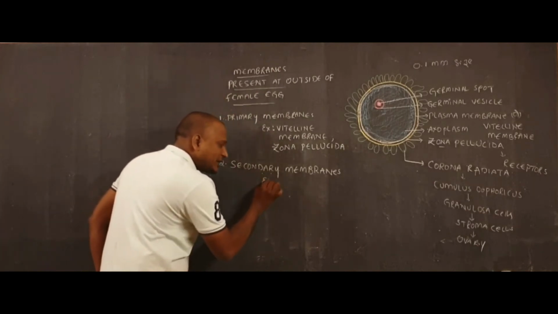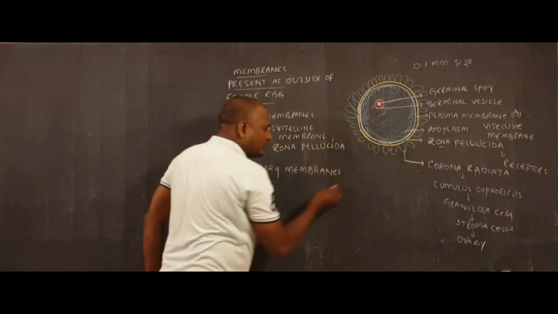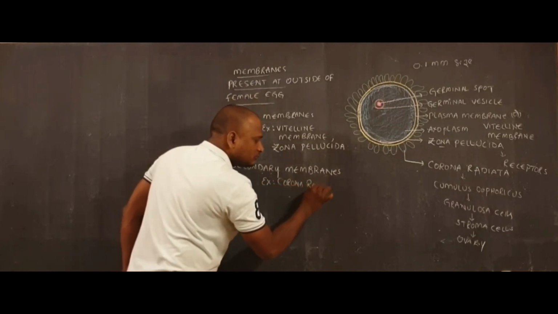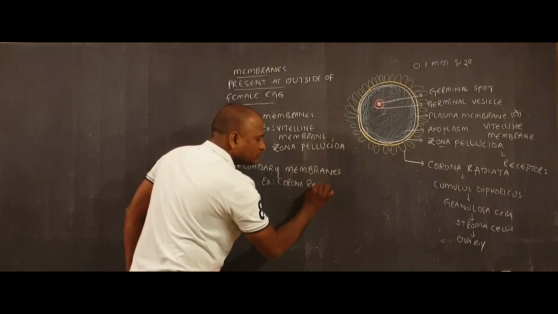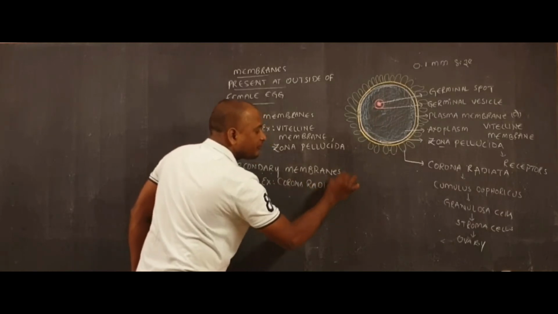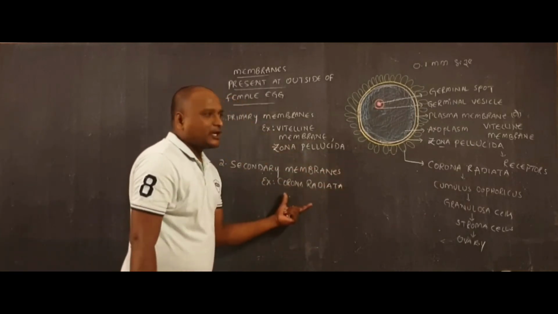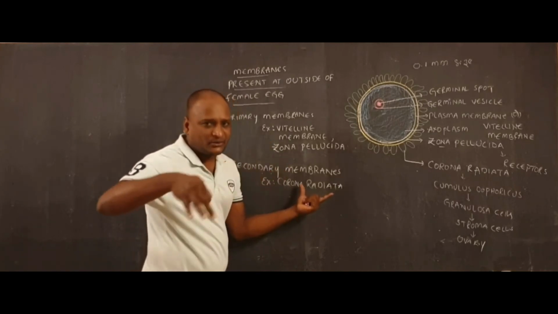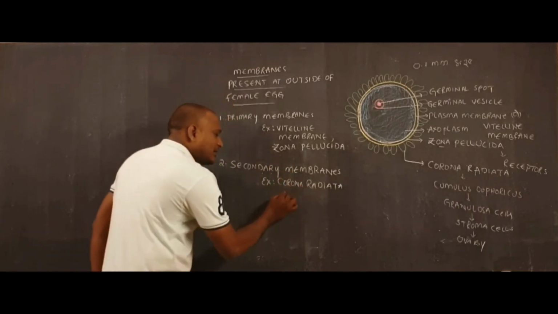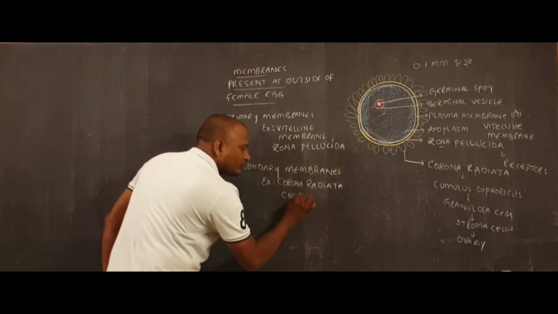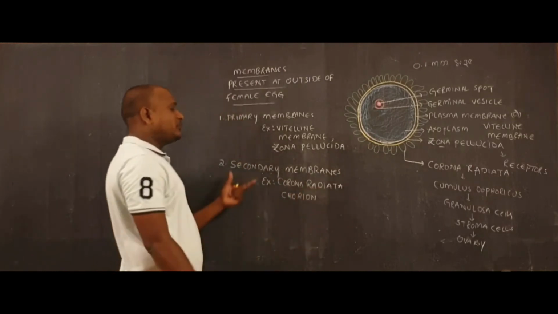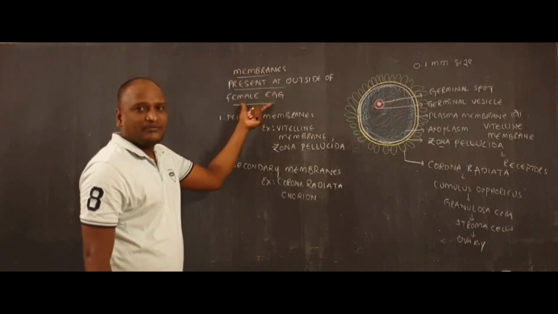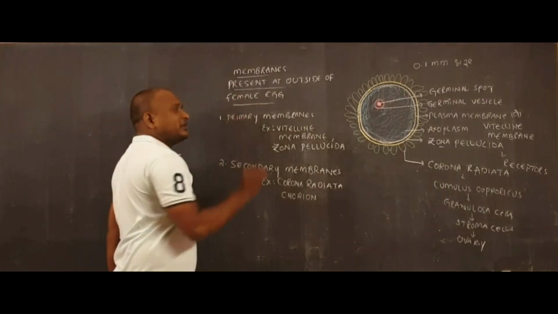An example for secondary membrane is corona radiata, and after the fertilization, during the formation of the placenta, chorion, another layer, will be formed around the baby. That one is also an example for secondary membranes.